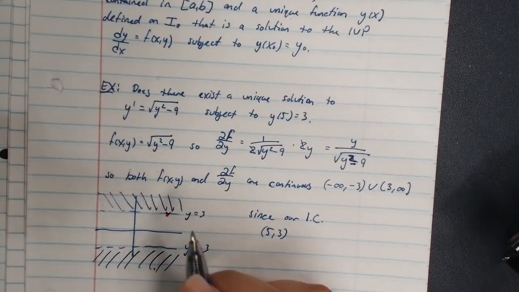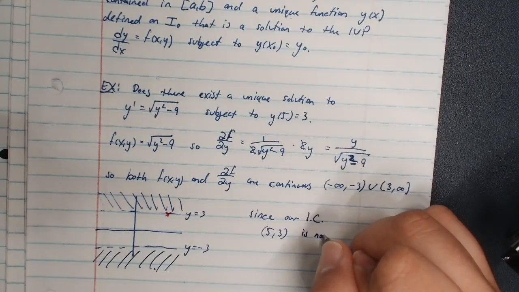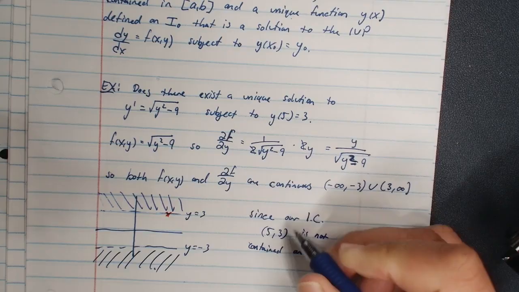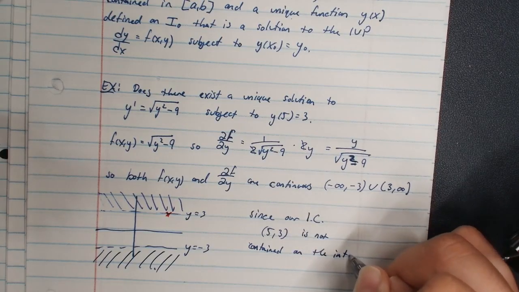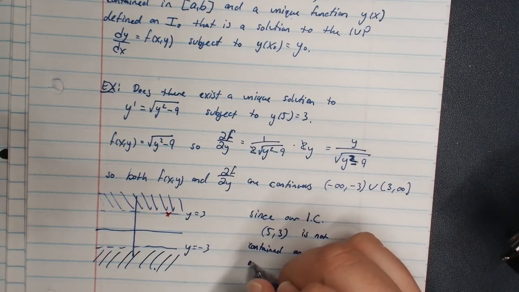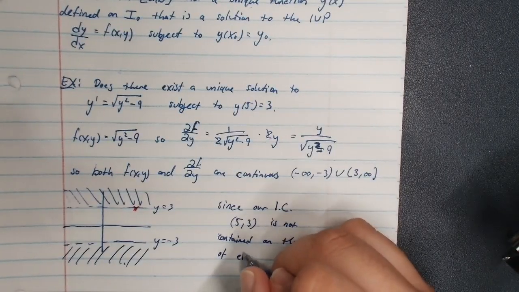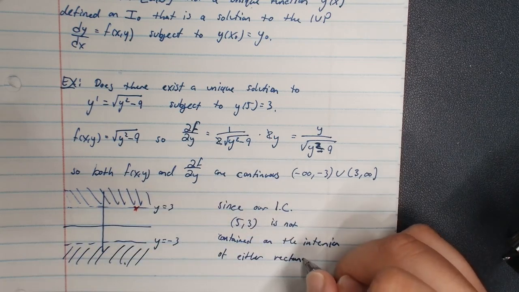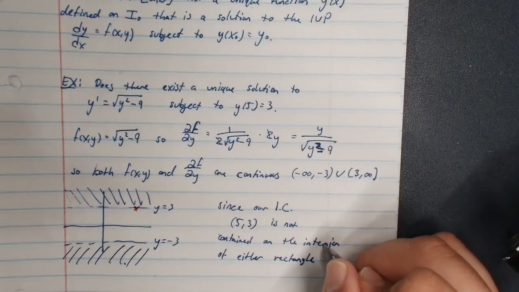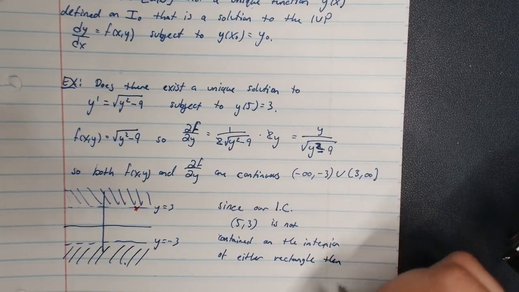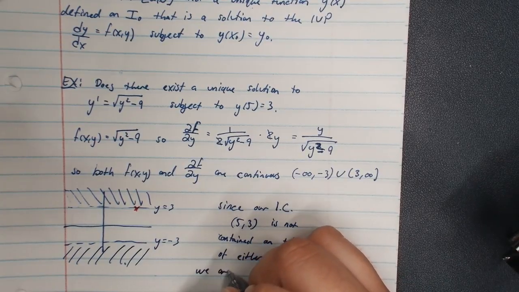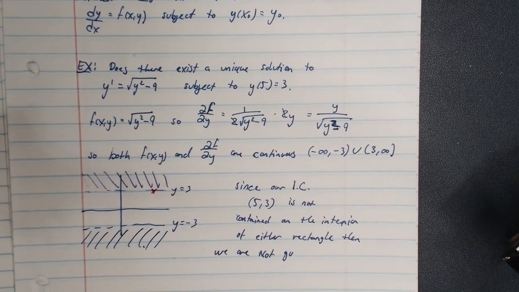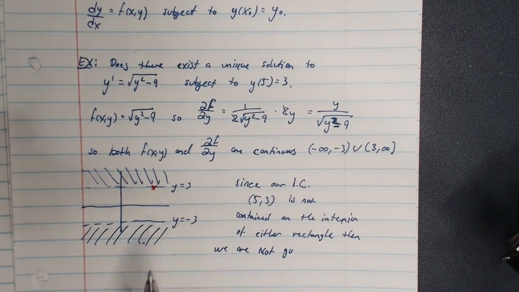So since our initial condition 5,3 is not contained on the interior of either rectangle, it's on the edge of one, but that doesn't count, then we are not guaranteed a unique solution. Maybe there is, but we don't know. We might end up with multiple ones.